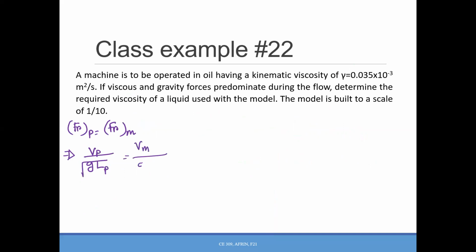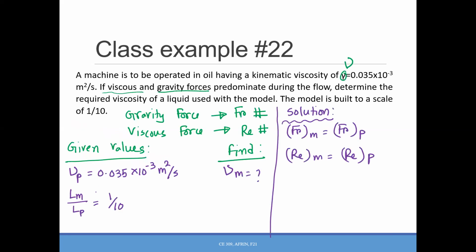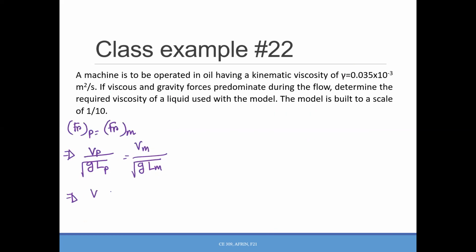We just did one class example with this, right? You can cancel g, and it will be... since we know LM over LP, I will try to express this in terms of LM over LP.